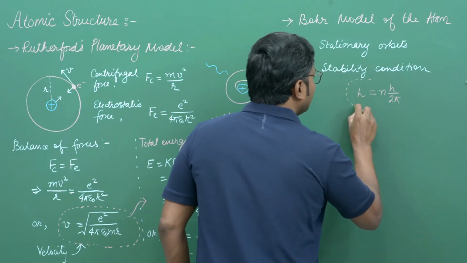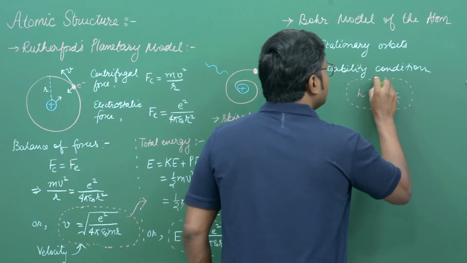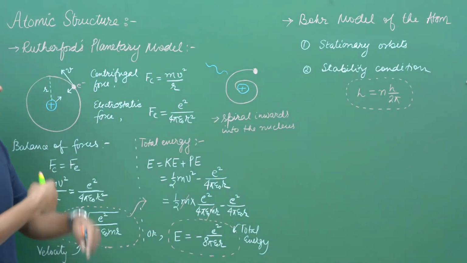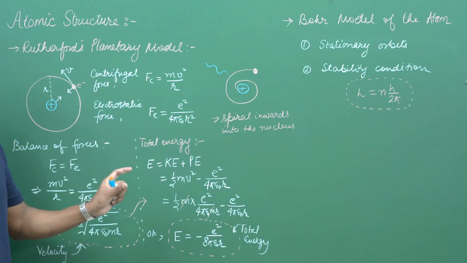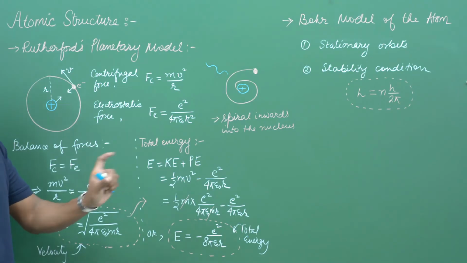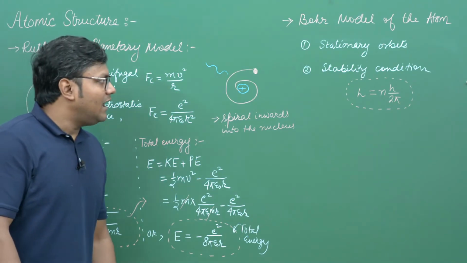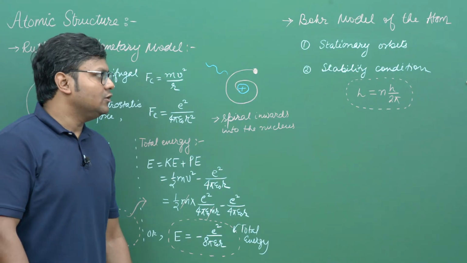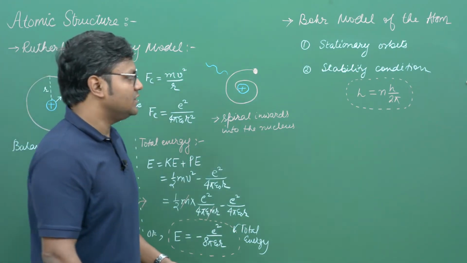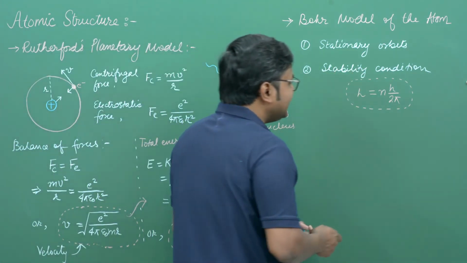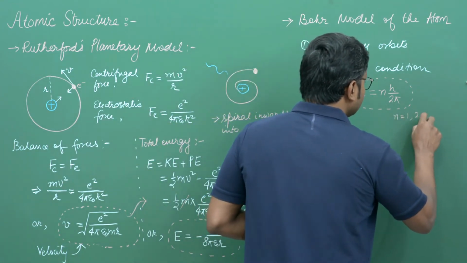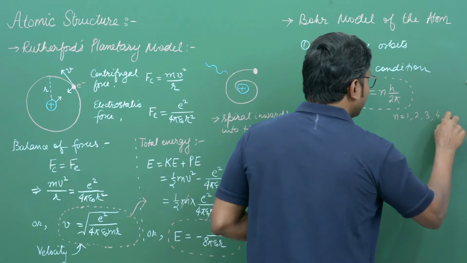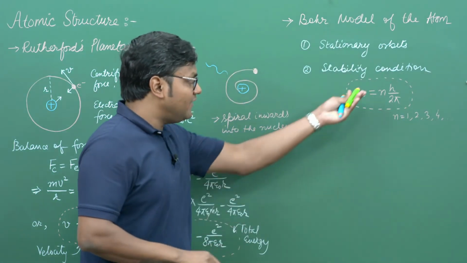Now this is a formula that he worked backwards from the application of the correspondence principle to the Balmer series prediction of the spectral lines corresponding to hydrogen. But this is a stability condition that he concluded is true for all these stationary orbits. So the angular momentum is an integral multiple, n can take the values of 1, 2, 3, 4 and so on, of h cut.